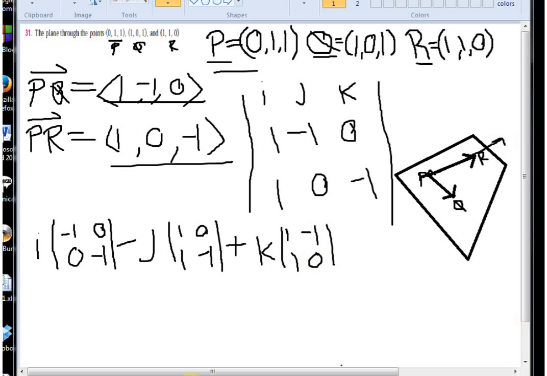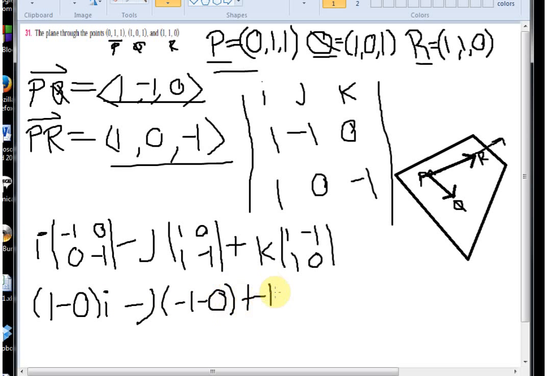So multiplying these diagonally, we get 1 minus 0 I, minus j times -1 minus 0, plus k times 0, and then we have minus -1, which is a positive 1.